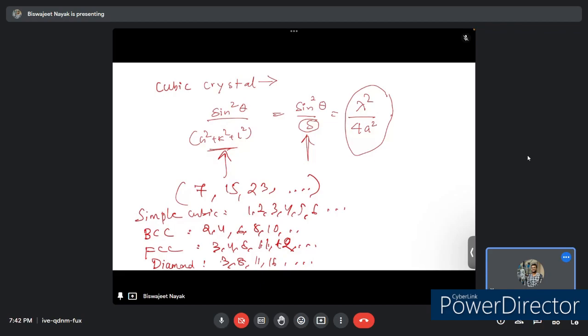For body centered we get values like 2, 4, 6, 8, 10. For face centered we get values like 3, 4, 8, 11, 12. And for a diamond-like zinc blende structure, 3, 8, 11, 16.